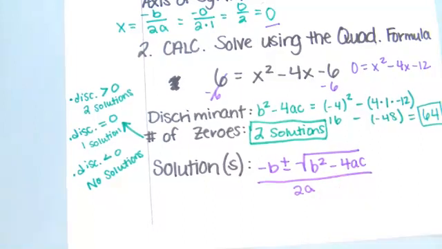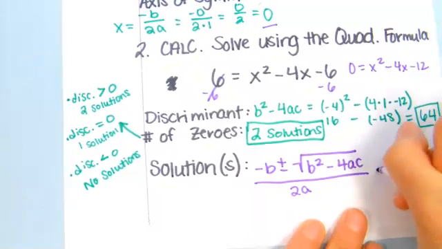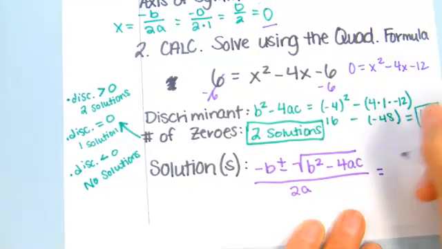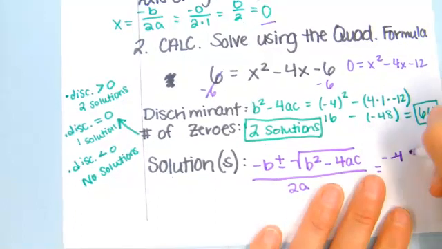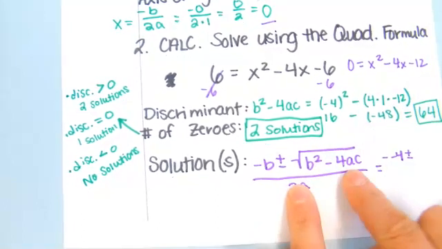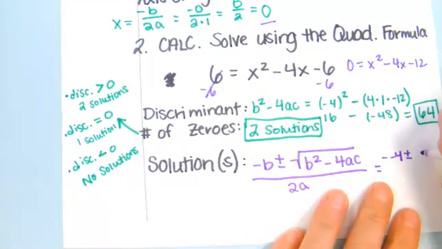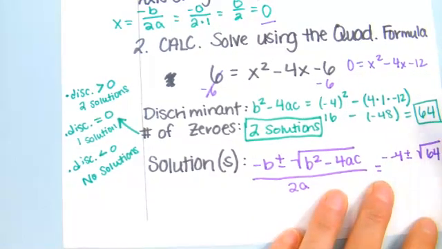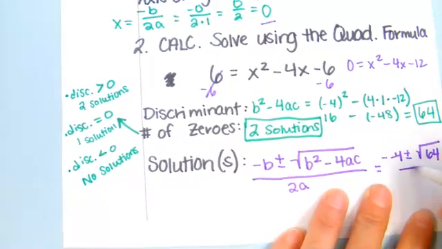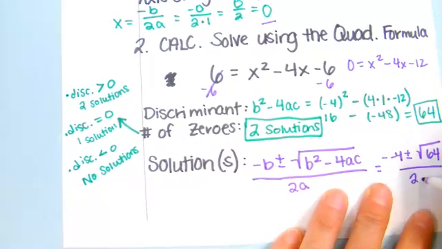So if you've already figured out the discriminant, there is no need to do that again. So let's do this. We do need negative b, so in this case, negative b would be a negative 4, yeah? Now I'm going to put plus or minus. I don't have to do b squared minus 4ac anymore. Square root of 64 is what we figured out was underneath there. Okay. All over 2 times 1.